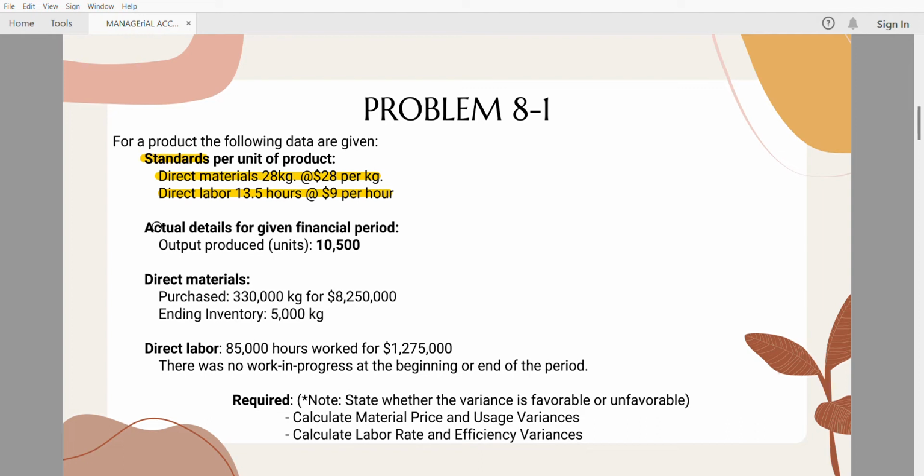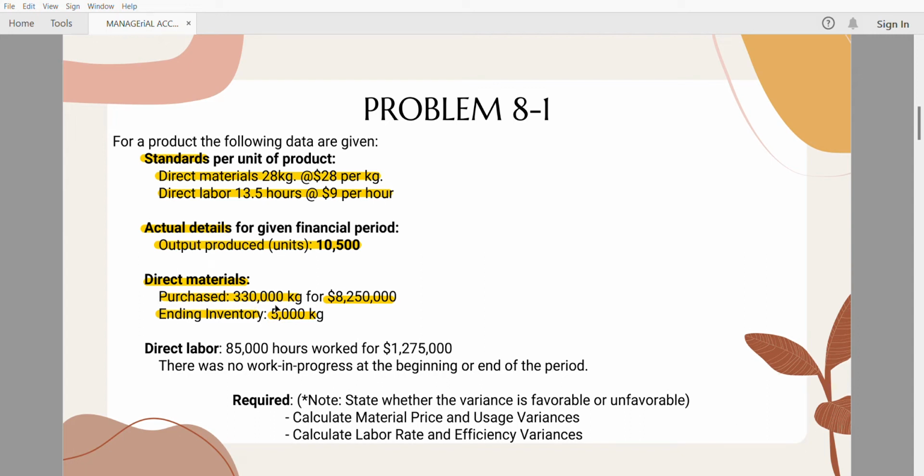Okay, then we have the actual details, with output produced of 10,500. The actual direct materials purchased are 330,000 kilograms for 8,250,000, and then we have ending inventory of 5,000 kg.